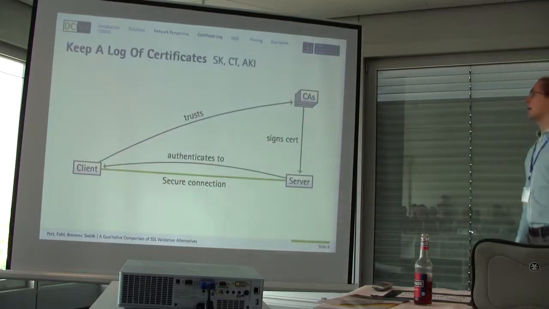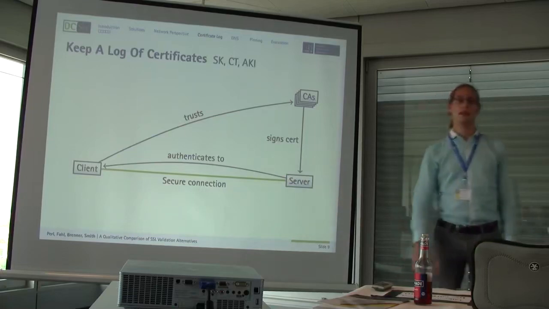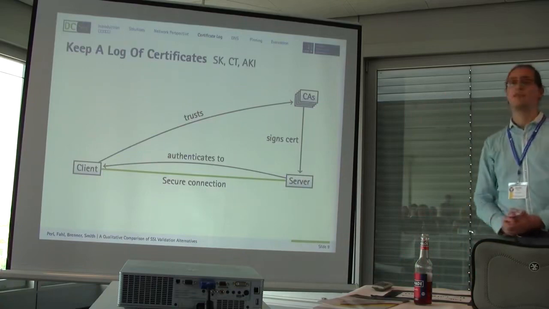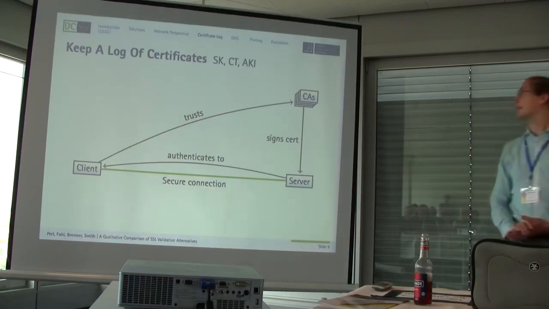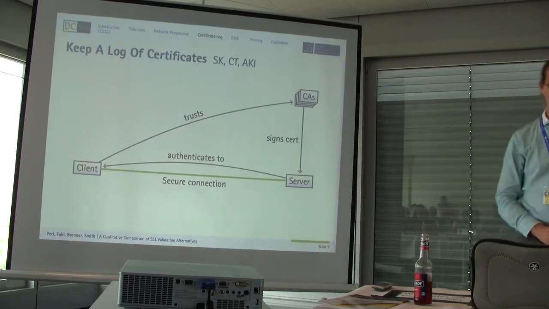So next we have the idea of keeping a log of certificates, and that is Sovereign Keys by the EFF, Certificate Transparency by Google, and AKI by Adrian Perrig and others.